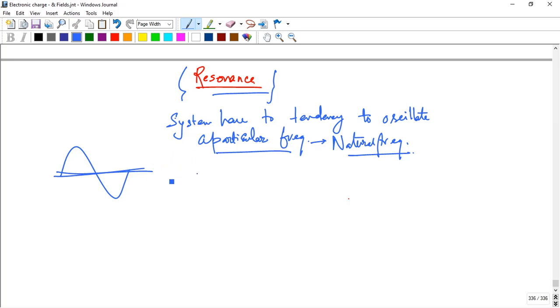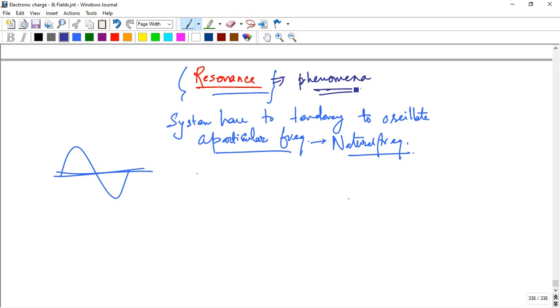Resonance means there is a matching between two frequencies. When the input frequency and the frequency of the circuit match together, the current will be maximum. That's the phenomenon of resonance.